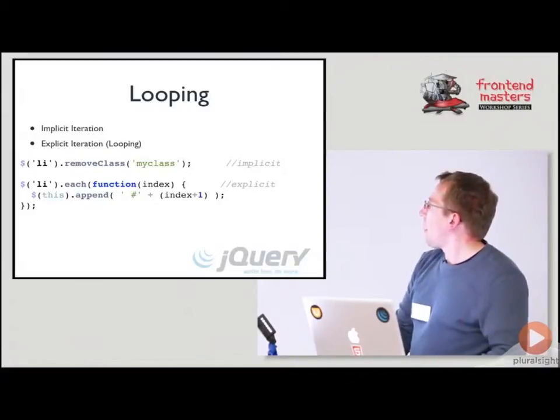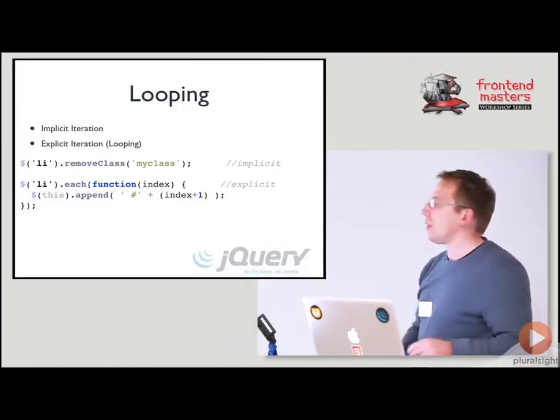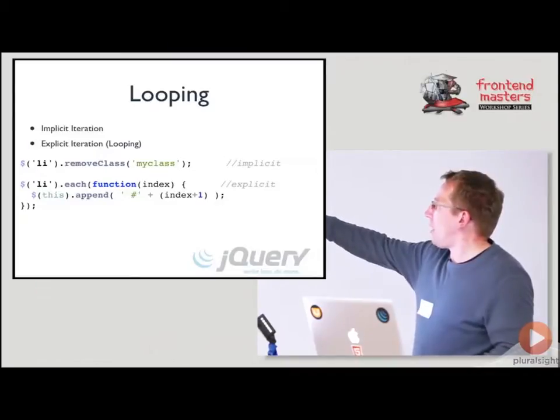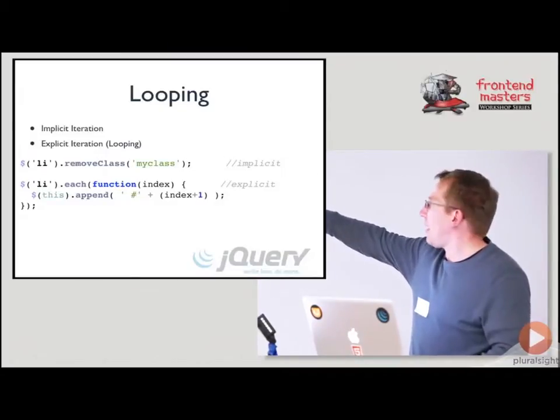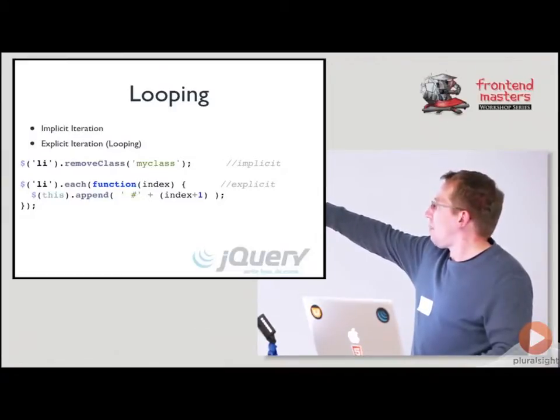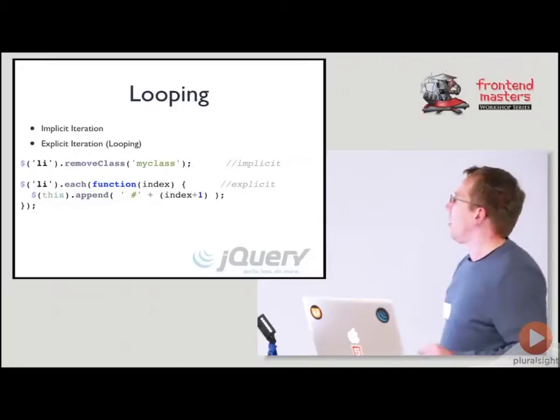So instead of doing a for loop, you just do dot each, and then inside there you put a function, and that function that you're defining has a possible argument that you can stick in there, right? Index, and the first one will be 0, etc.